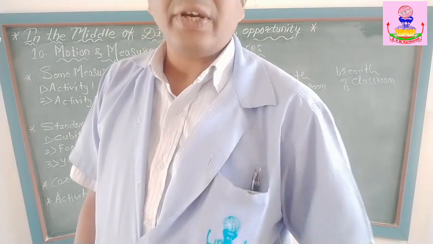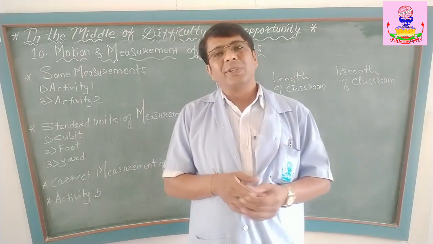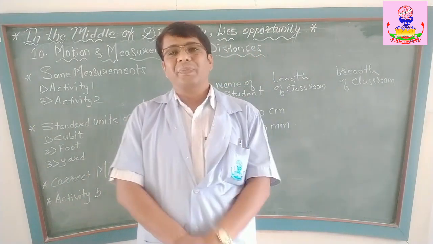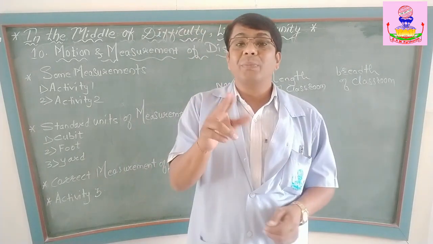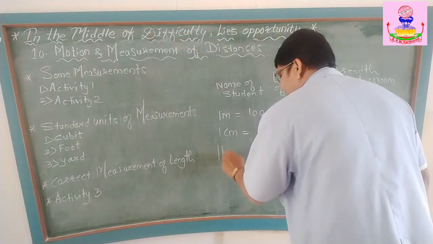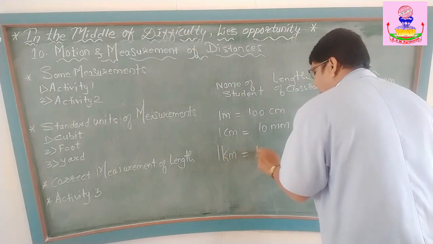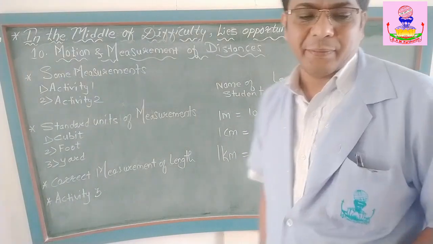But to measure very big distances, meter is not useful, it is a very small unit, and so a higher unit called kilometer is used, and 1 kilometer is equal to 1000 meters.